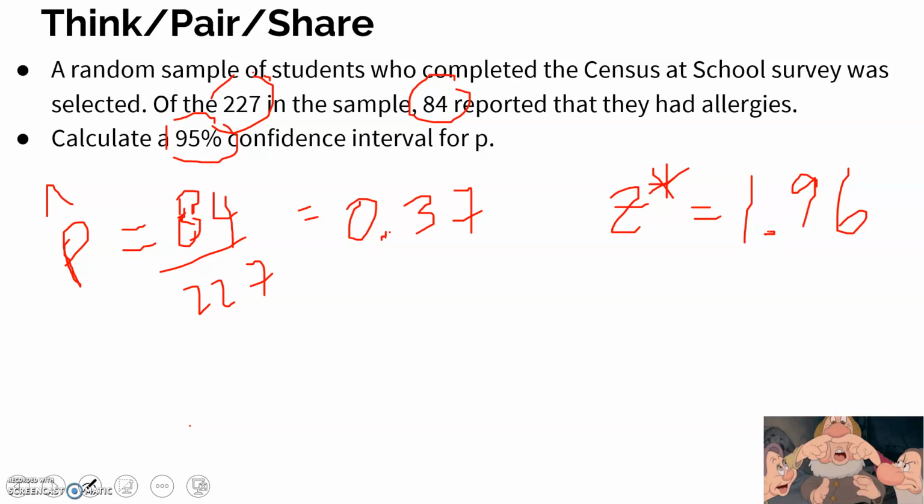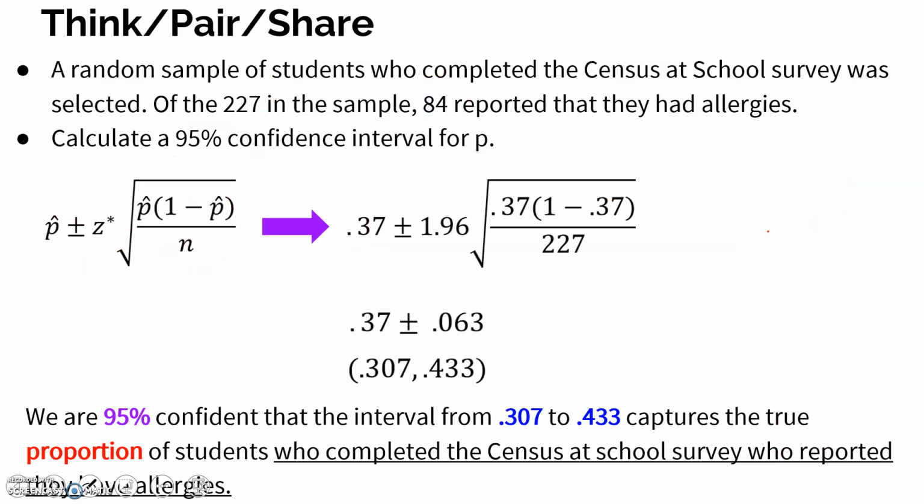All right, now we've got everything we need to find our confidence interval. So let's move on to the next slide here. I have this all pre-typed out for us here. So at the beginning, p hat 0.37 plus or minus. Here's our z star right here. In the radical, you write p hat, 0.37, and this will end up being 0.63.